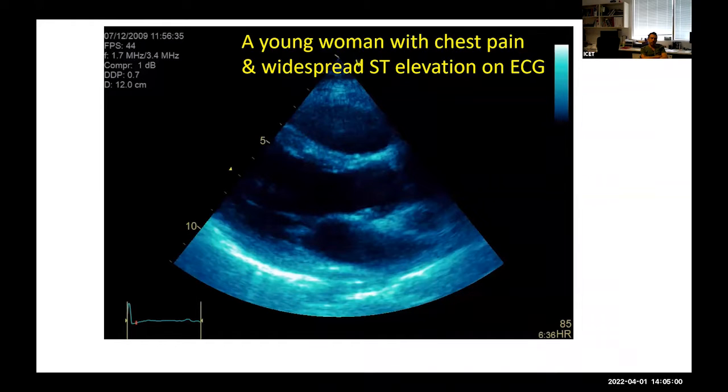In some people, the echo will actually be normal. In some, you'll have some thickening and increased pericardial brightness. You may have an effusion, which is usually not going to have tamponade, but may well. And if there's myocardial involvement, then you may get segmental wall motion abnormality.